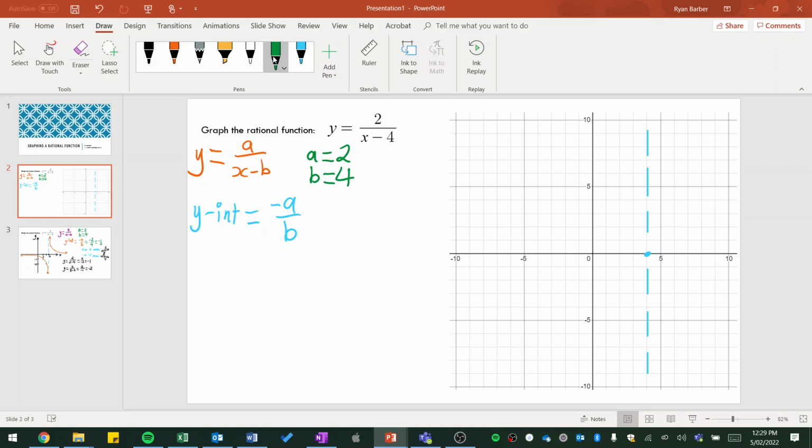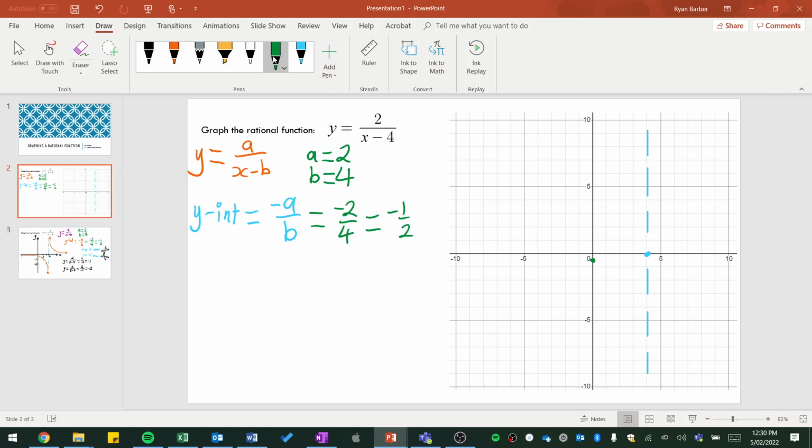And what we get there is negative 2 on 4, so we have negative a half. So if we look at our graph, negative 1, negative a half, we have our function coming in through that point on the y-axis.